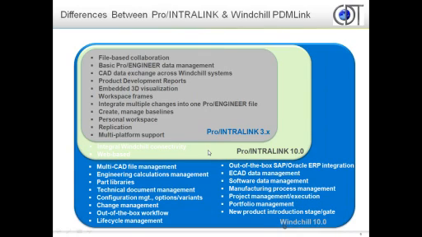And then again, for those of you that are on Windchill Interlink, essentially Pro Interlink 10.0, which is the Windchill Interlink version of it, there are quite a few different capabilities from the Interlink 10.0 to the Windchill 10.0 or PDMLink 10.0. And again, whether it's 9.1 or 10.0, we're talking the same thing here. And if you haven't ever looked into it, the cost difference between Interlink licenses and PDMLink licenses is very, very small.